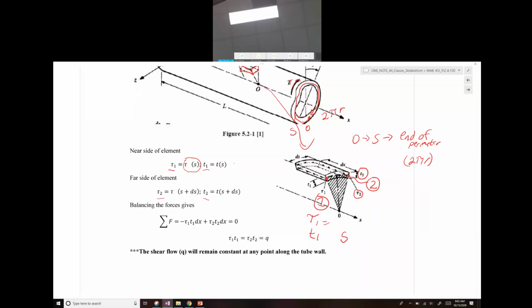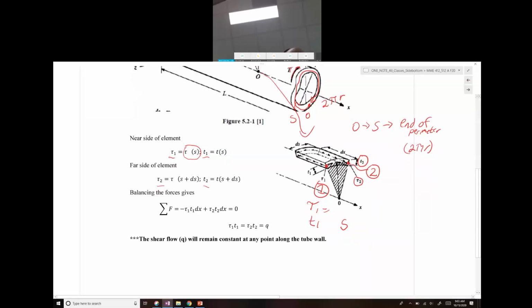Okay, so if we look at our element here, and we balance the forces along the x-axis, we take our shear stresses and multiply them by the cross-sectional area on both sides, on both the left-hand side, the near side, and the right-hand side of the section, and then the dx terms will cancel out, and we're left with this equation here.